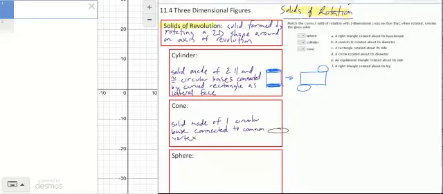If you took your circular base and connected every point along it to one common vertex, you have your cone. The net of a cone is basically a sector with a circle at the end.